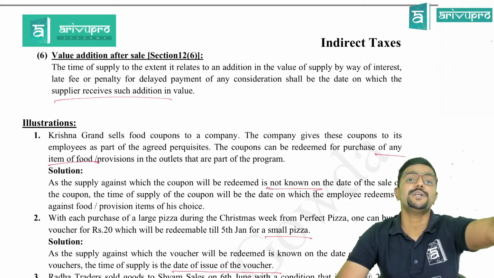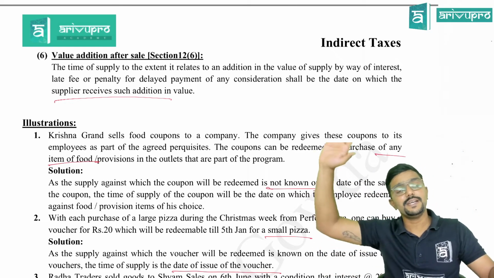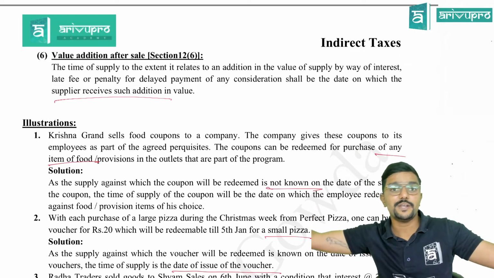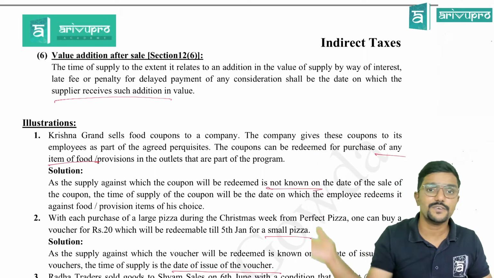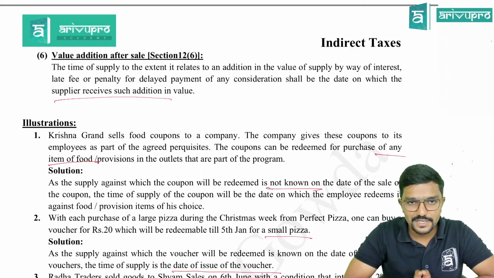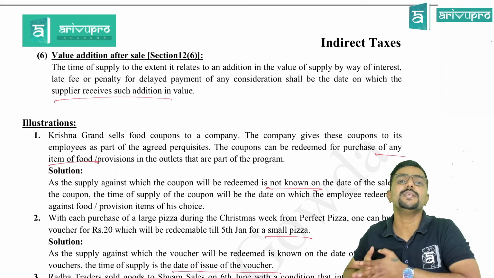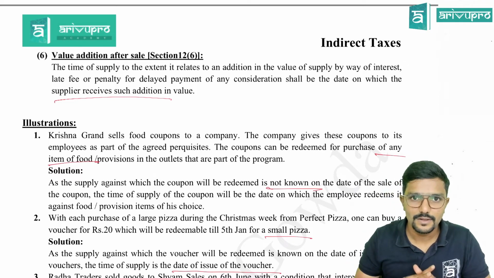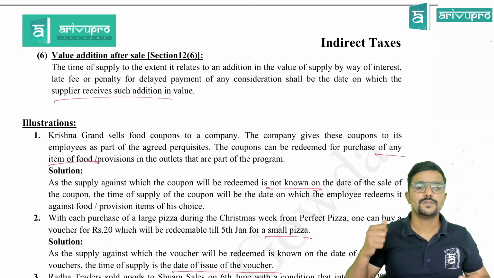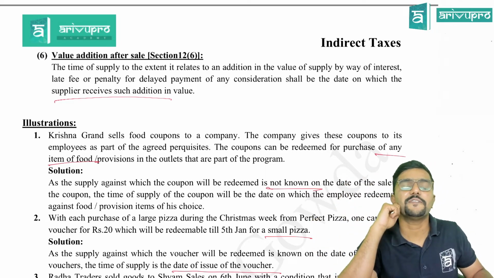The supplier is charging it to the recipient. Please be very careful. I am not talking about the penalty or interest which is charged by the department to the person. That is different. That we will take care of later. So whatever additions we are discussing here are those charged by the supplier to the recipient for delay in payment. Clear? Yes, sir.